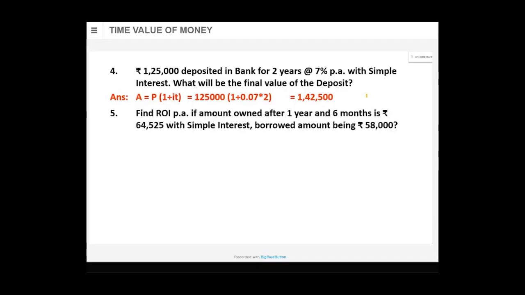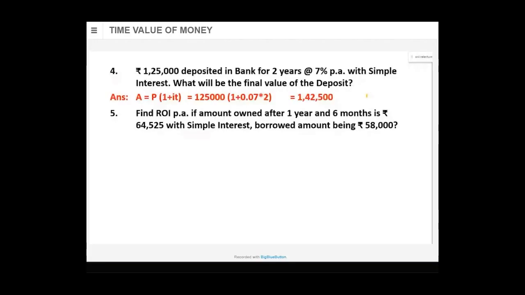Next. Fifth one. What you have to do is find out the ROI per annum. Same, which formula?